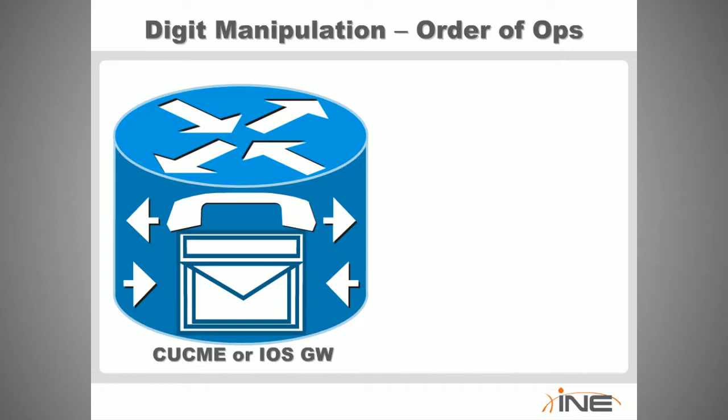I'll typically refer to it as DNIS or called. Sometimes, if the call was redirected or transferred, we may have an RDNIS, or redirected or forwarded number, also known as redirect called in voice translation rules.